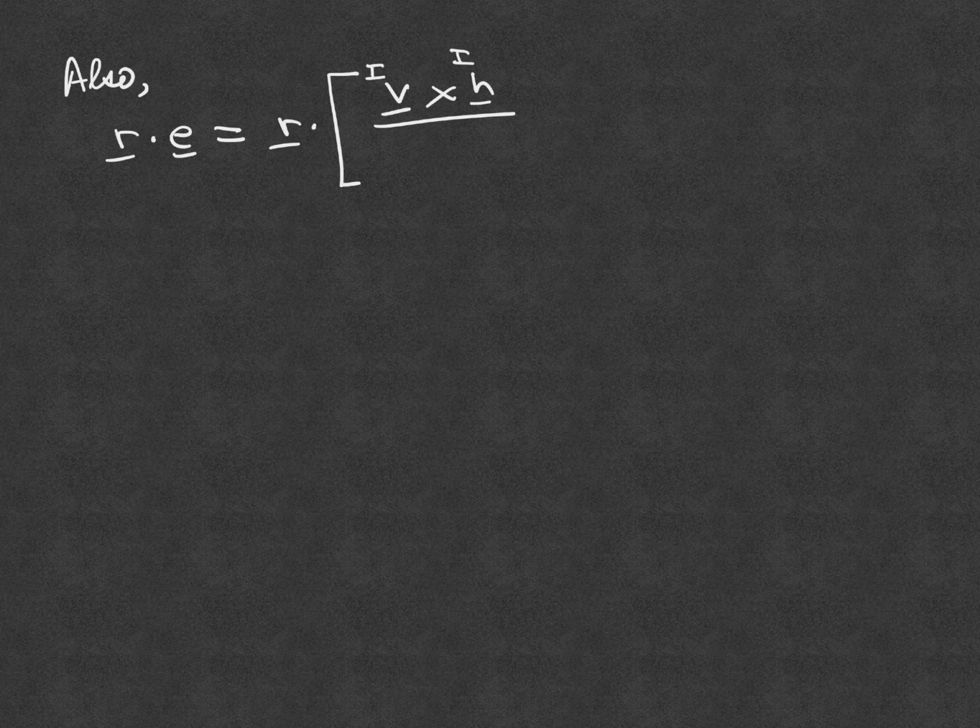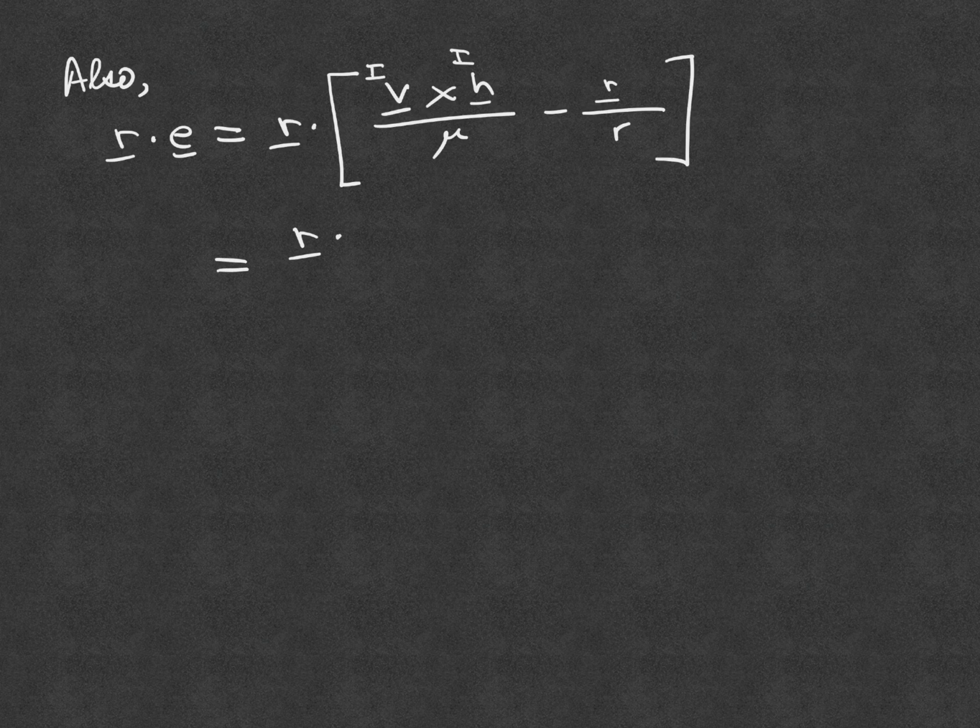So in addition, we also have that R dotted with E is equal to, well, it's R dotted with, well, what's E? E is VI crossed with HI divided by mu minus R divided by its magnitude. So let's work this out.